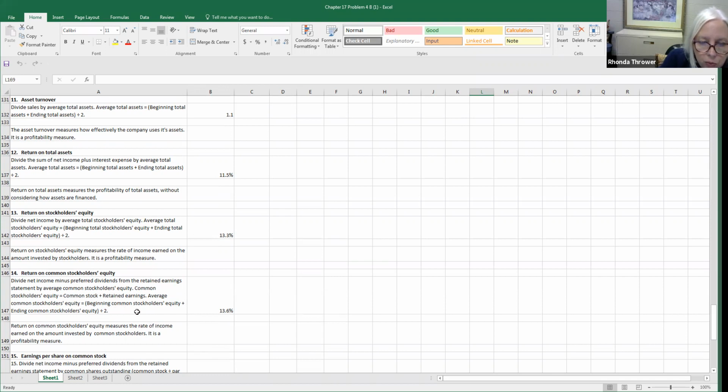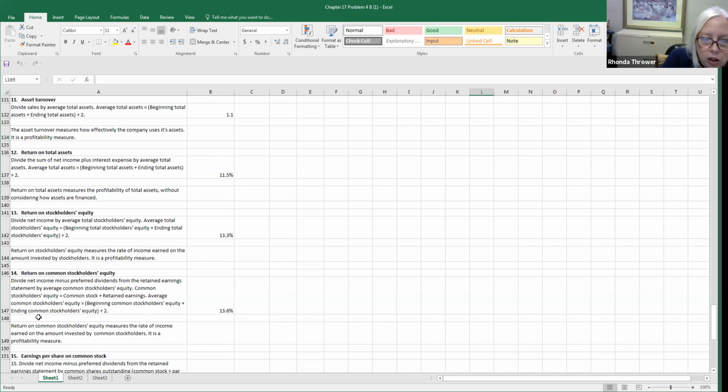And to find the common stockholders' equity only, it's common stock plus retained earnings. So the denominator figure is the average common stockholders' equity that we find by taking our beginning common stockholders' equity, which consists of common stock plus retained earnings.